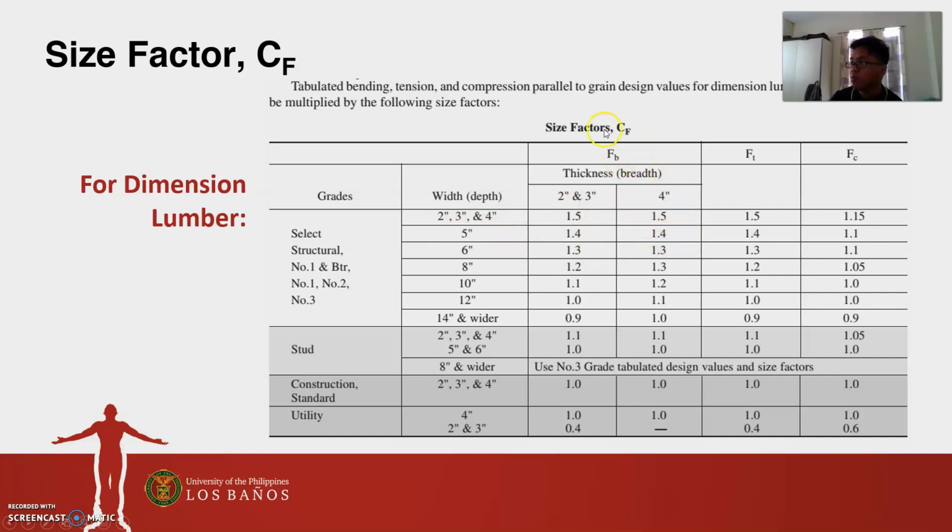That is for bending stress. So it varies if it is bending stress, tensile, or compression, as well as the type of grade. So if it is a select structural, number 1 and better, and so on, indeed your CF for Fb is 1.4. And as the section goes larger, then the CF decreases.